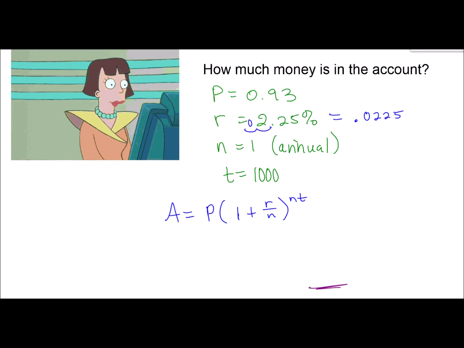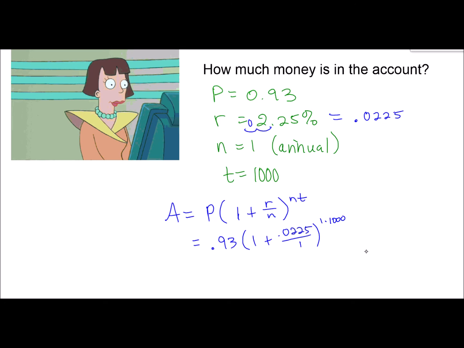Okay, plugging in our values, 93 cents, 1 plus R was 0.0225 over n, which is 1. It's not necessary to write that in there, but we'll just write it in so we can make sure we've got the whole formula. And then up in the power is n times t, which is 1,000.